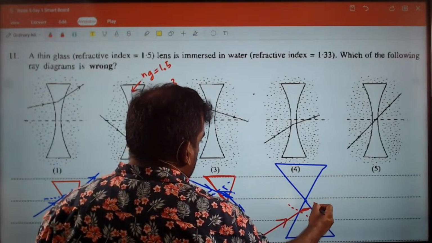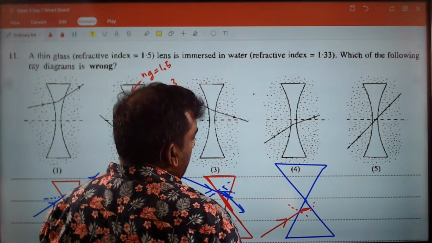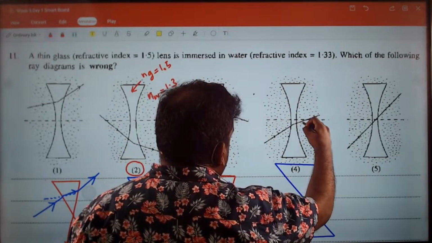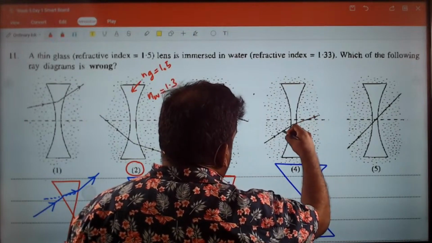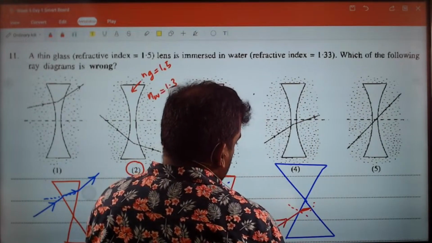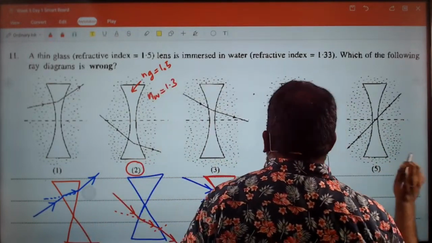Towards. Denser, rarer: away. So denser, rarer away means this will push it away slightly. This one going through the center is undeviated, correct.